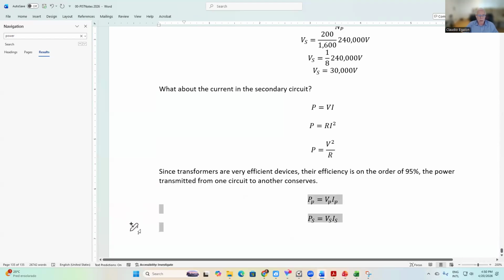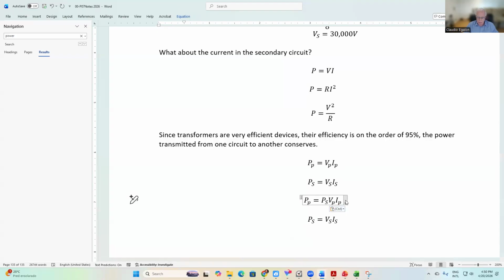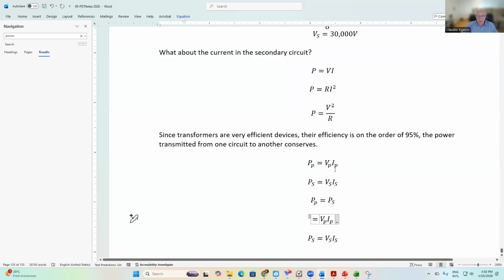Here you go. What else? Conservation of power between the two circuits. P in the primary is going to be equal to P in the secondary, right? And then we get this relation: V secondary times current in the secondary is equal to V in the primary times current in the primary.